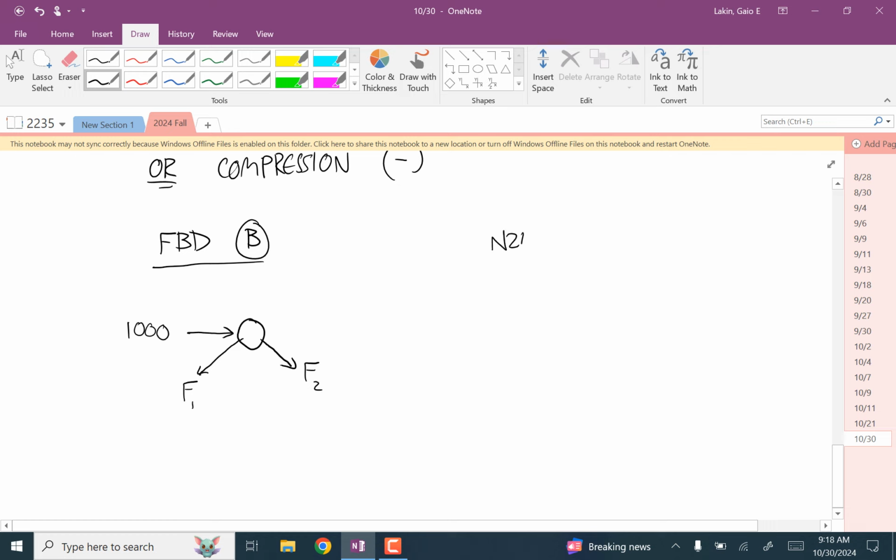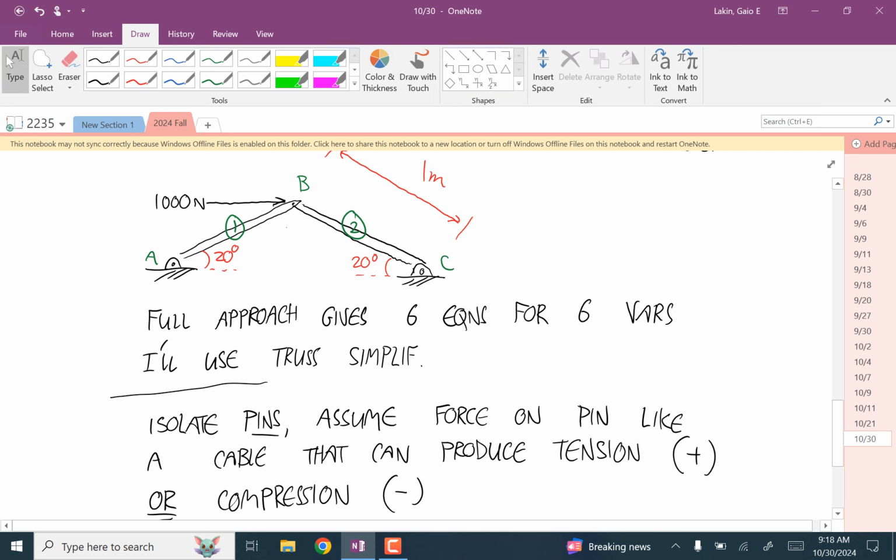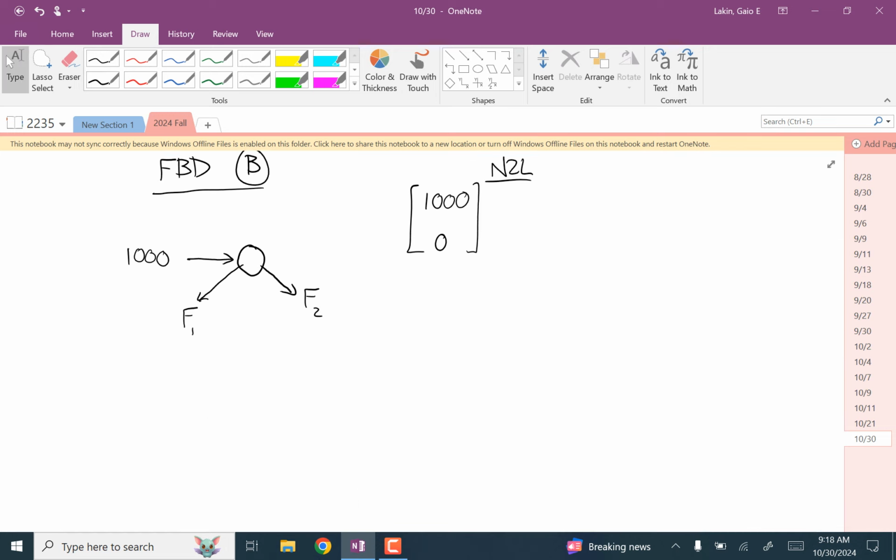So Newton's second law says we have this force, 1,000, 0. This force F1 is going to be F1 times the cosine and sine of 200 degrees. If you think of the coordinate system like this, this force F1 is like that, where this angle is 20 degrees.